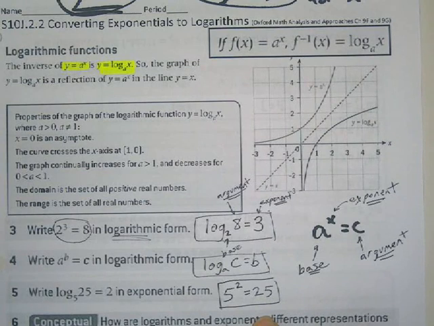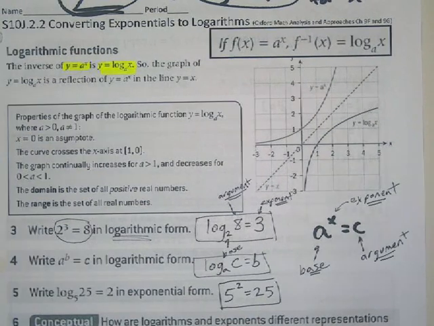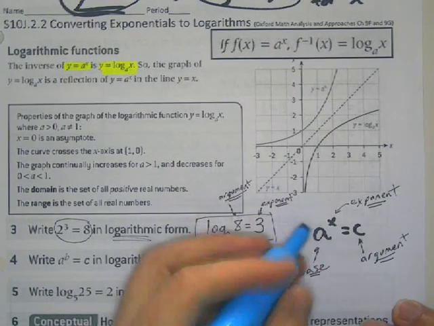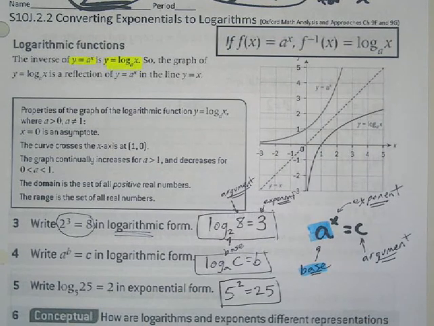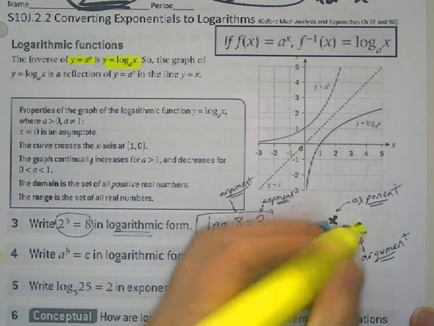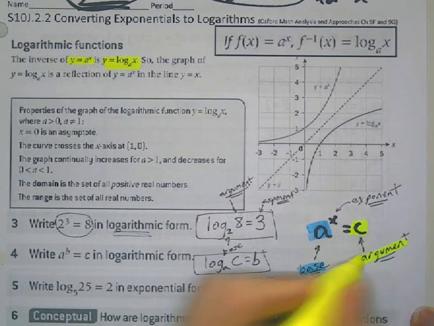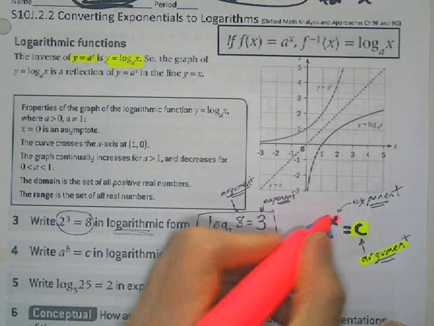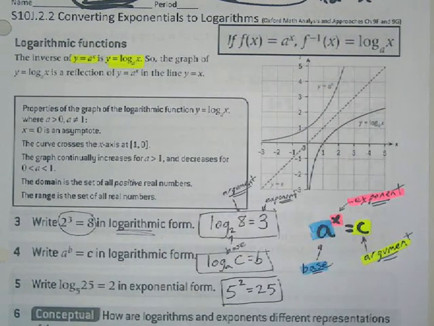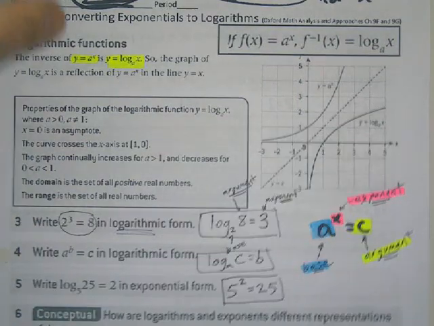On my other answer key, I color-coded, and I want to use the same color coding. So my base, I'm going to color code in blue. My argument, I'm going to color code in yellow. And my exponent, I'm going to color code in pink.